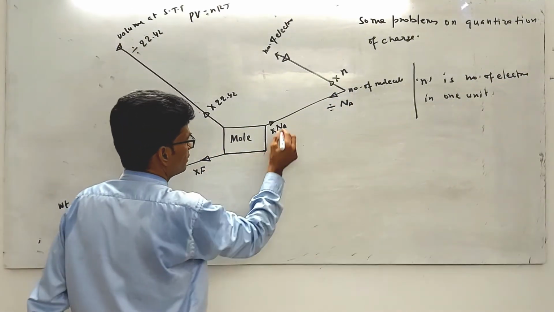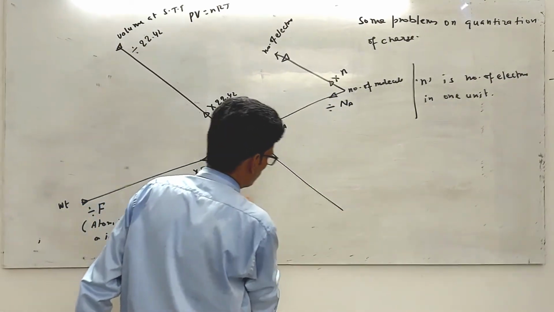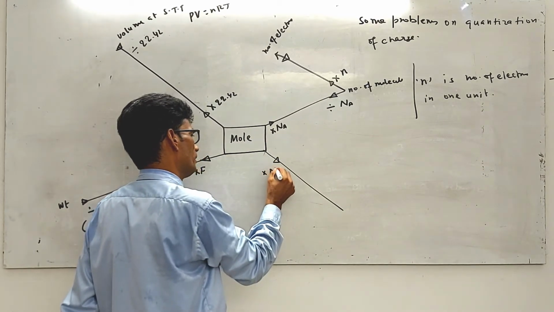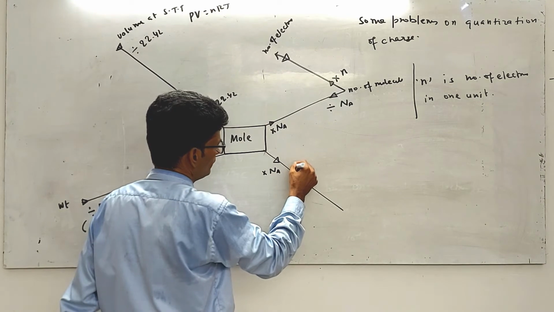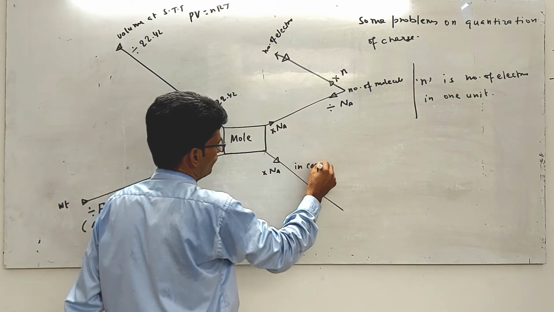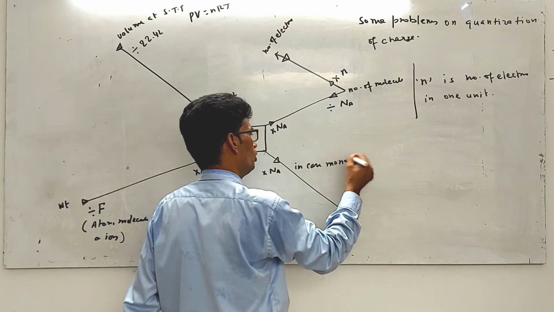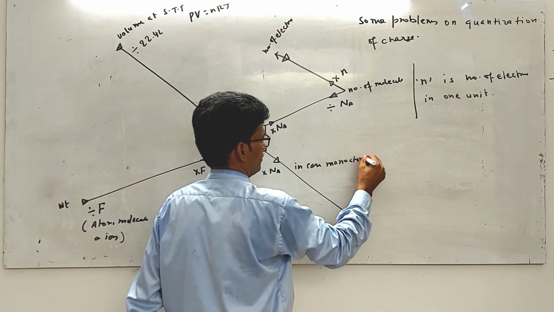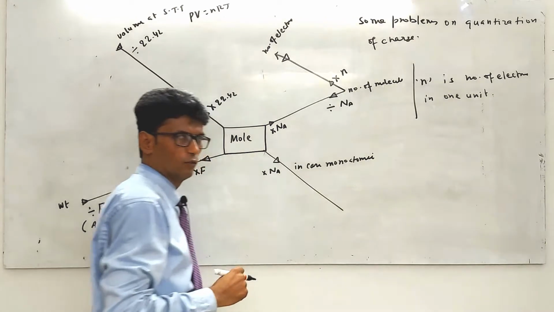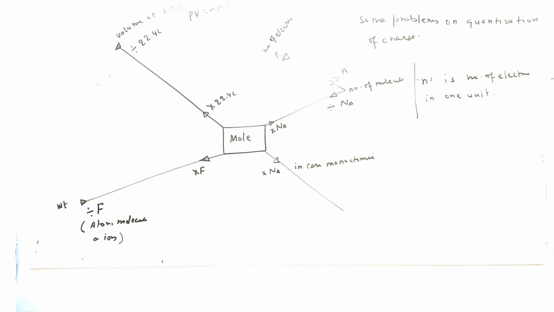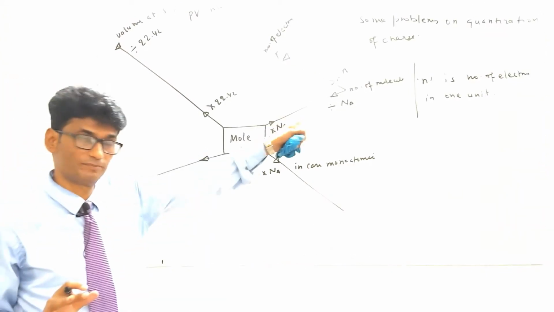So in another path, going away, we have to multiply by the other number. This is root 4 in case of a monoatomic atom, not for P4, S8, like that. Root is this one.